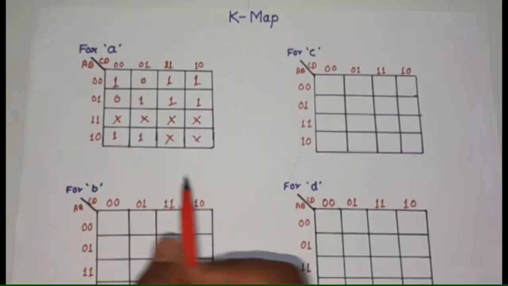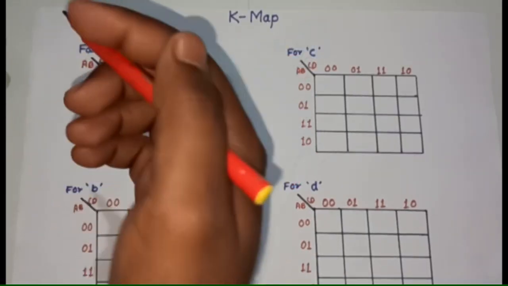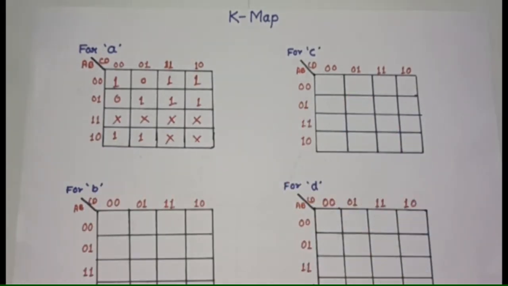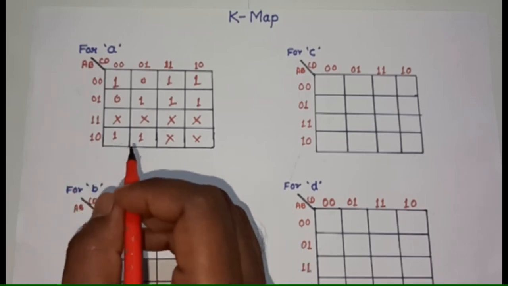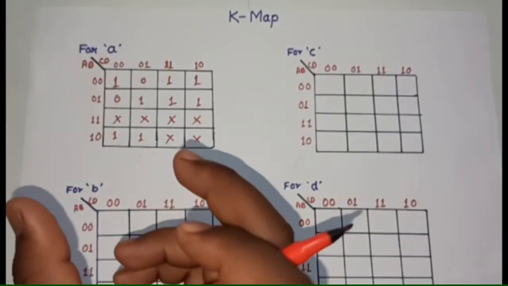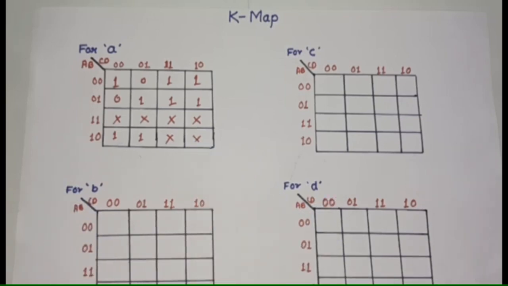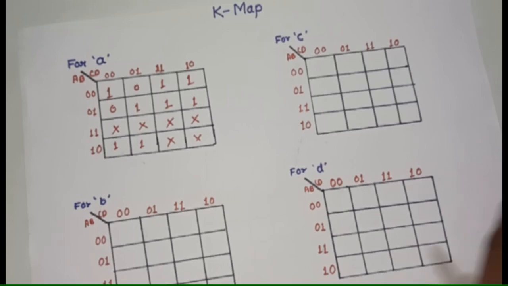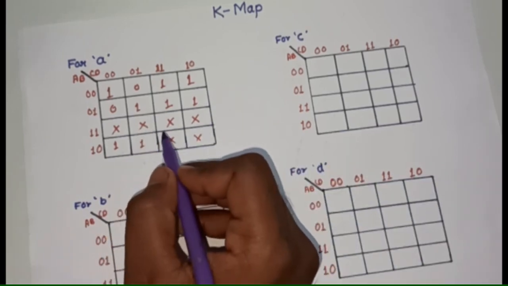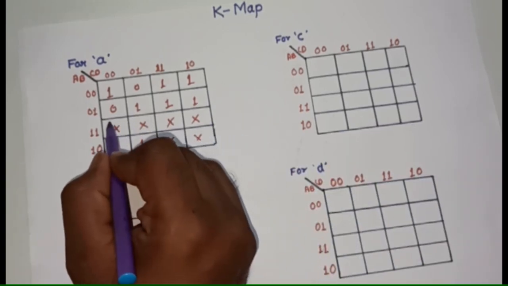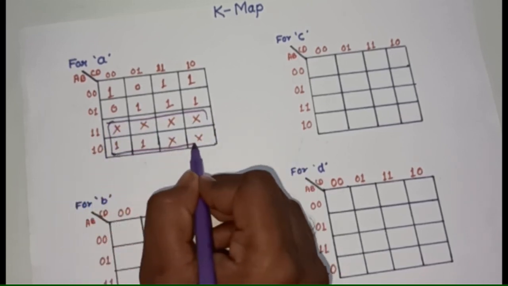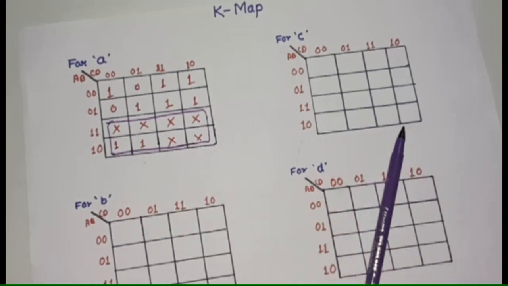For A, we have represented the A weightage in this K map. What we need to first consider is to look out for octet formation. If there is an octet, we will form it in the expression. So where will we find an octet? Here. Your first octet will be this one. So what is the expression for A?